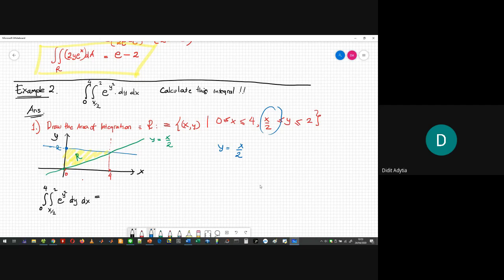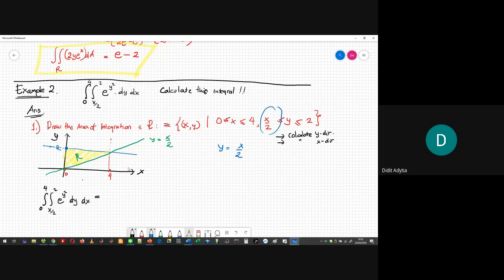Now, what do we have? Ingat, yang kita lakukan adalah bisa menggunakan ini, atau ini adalah calculate y, in the y directions, and then calculate in x directions.